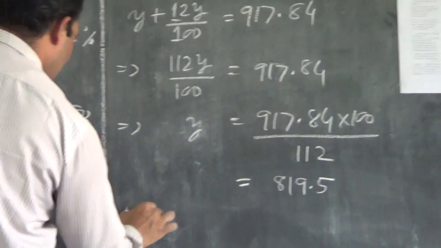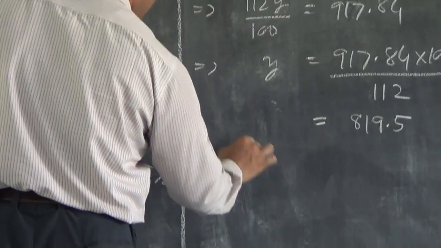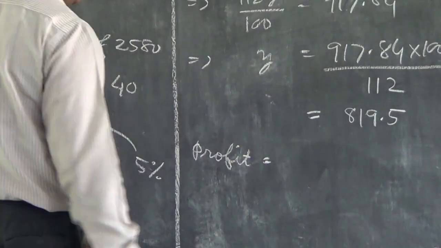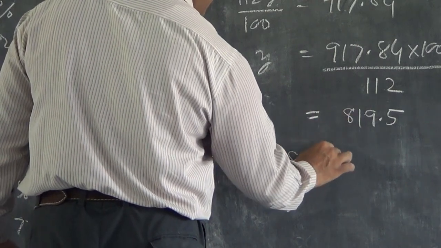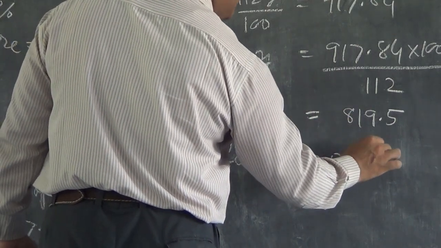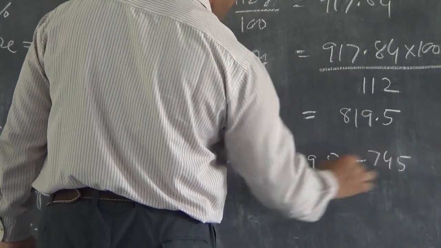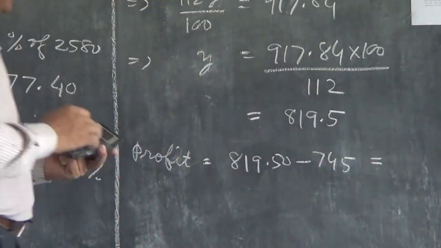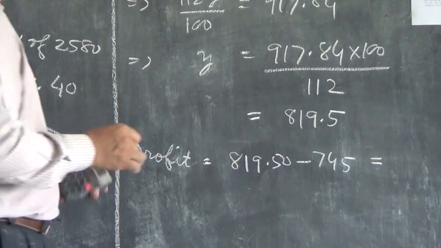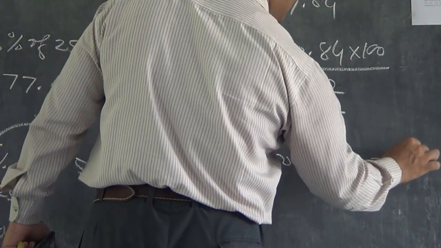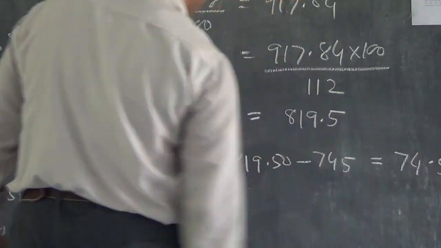Profit equals SP minus CP. As you know, profit equals SP 819.50 minus CP 745, and the result is how much, children? 74.5.